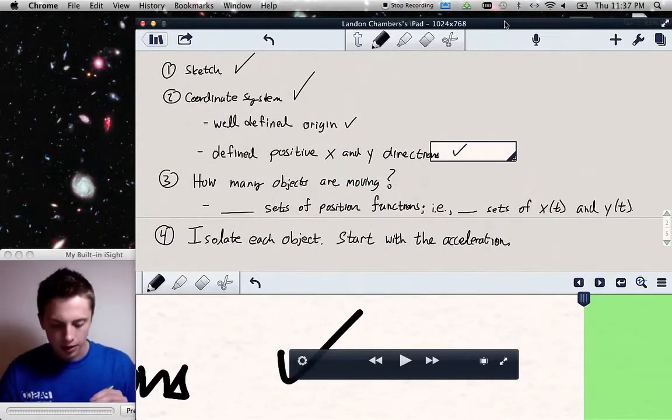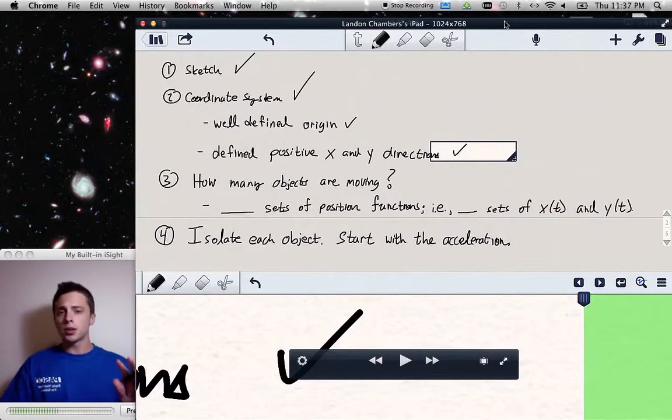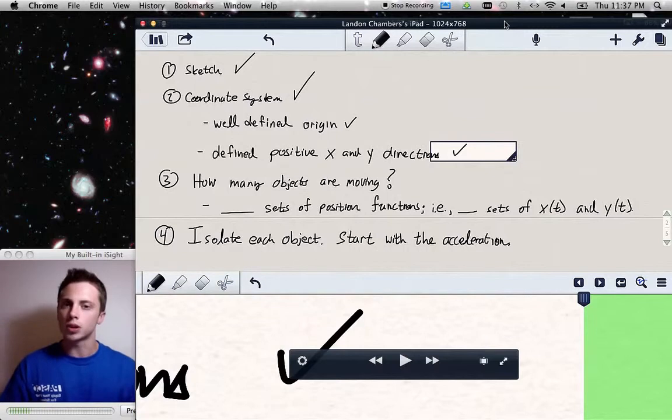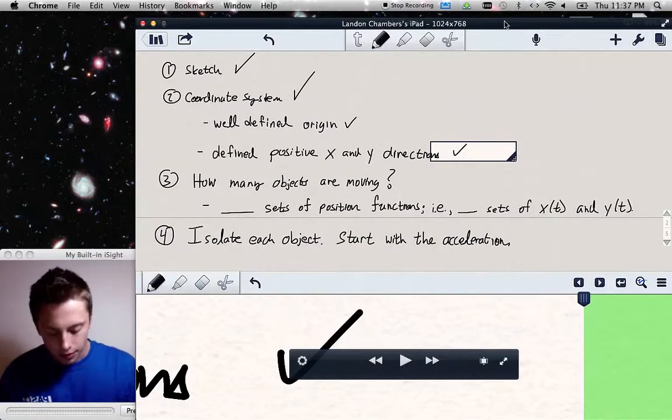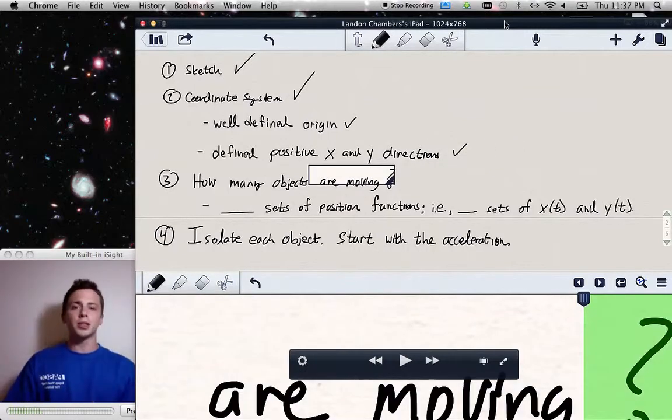These are the first things you want to do when you start a physics problem. Without these, your position functions, x of t and y of t, will not make any sense whatsoever, and the directions of your velocity and acceleration will be totally arbitrary without defining your positive x and y directions.